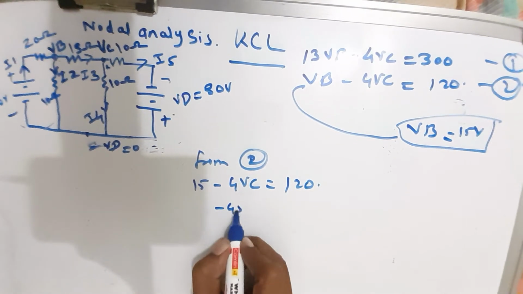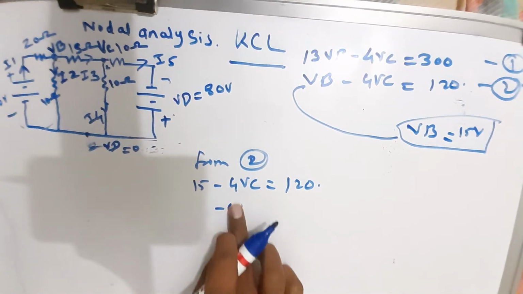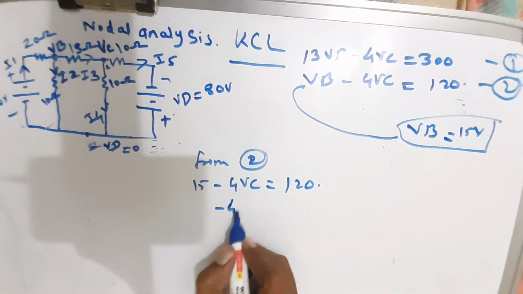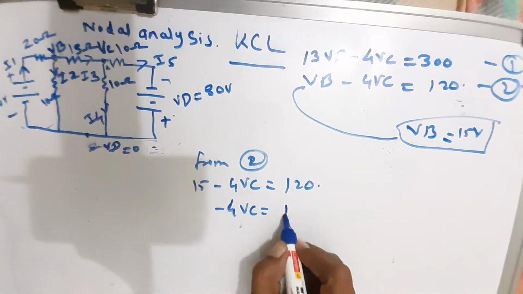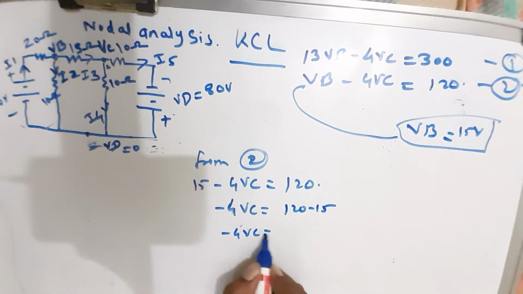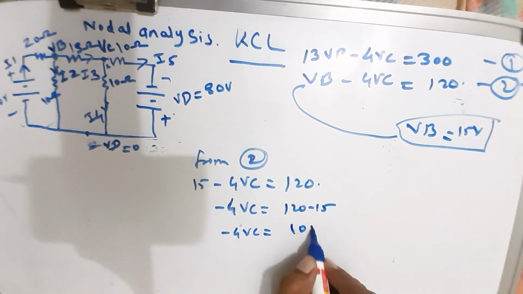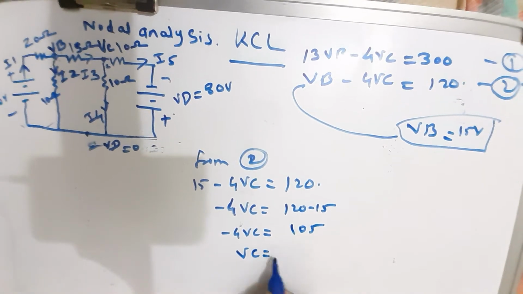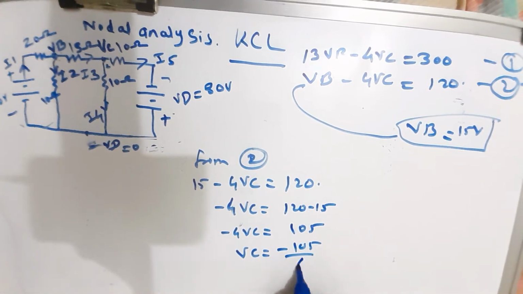So minus 4 VC equal to 120 minus 15. So minus 4 VC equal to 105. VC equal to minus 105 divided by 4.